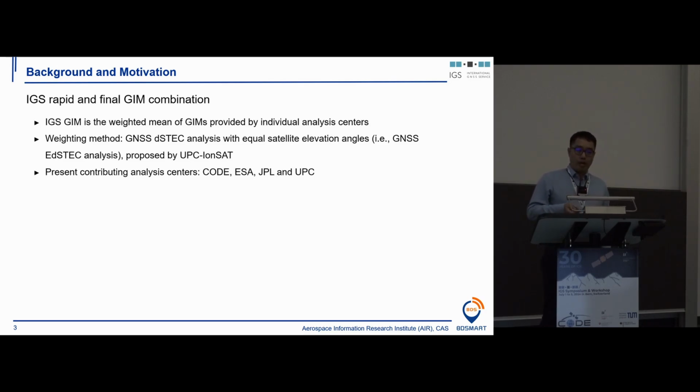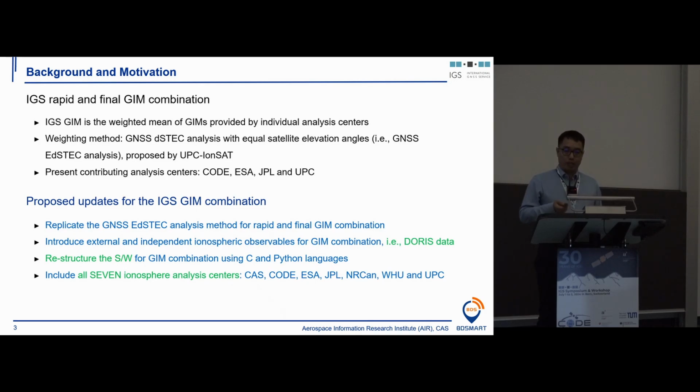The work we would like to do is to propose updates for the IGS GIM combination. First, we would like to replicate the GNSS-dSTEC analysis method for the rapid and final GIM products. Second, we would like to introduce external and independent ionospheric observables for the new GIM combination, for example the DORIS-dSTEC.